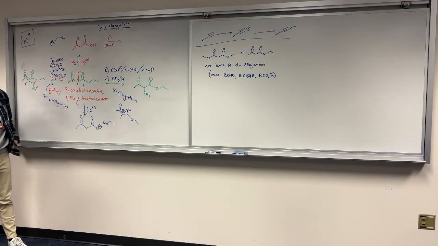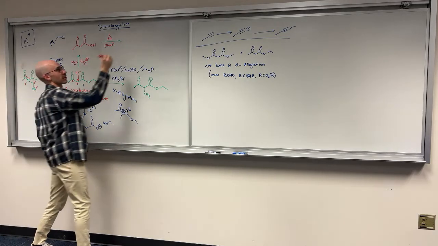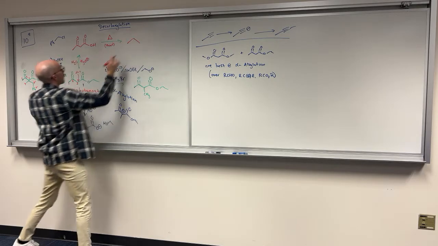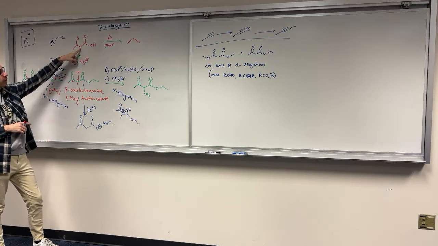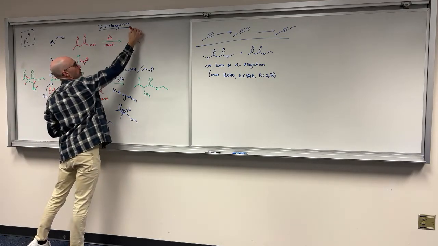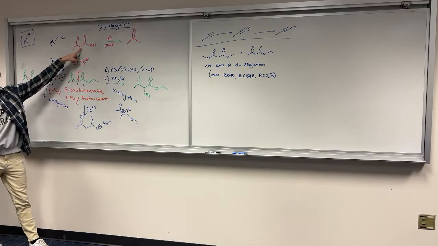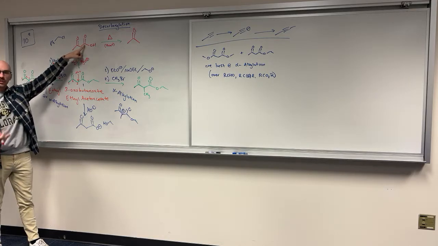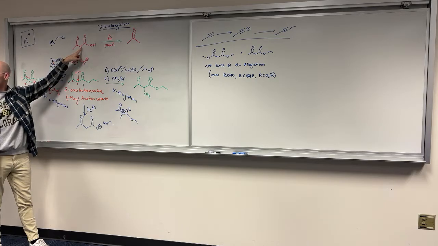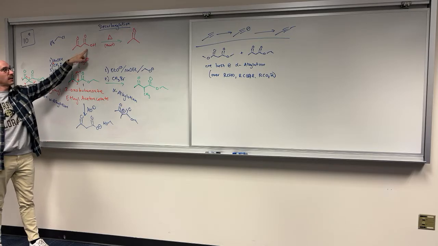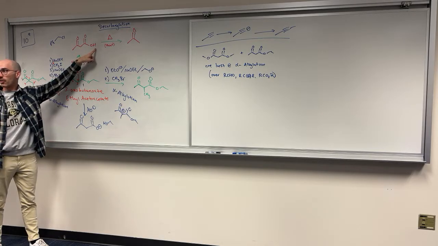If I cleave off a CO2, that means that I'll lose this carbon, but not the alpha carbon. If the alpha carbon loses the bond to the carboxylic acid carbon, it would go from CH2 to CH2 minus. Why would it want to sit without a full octet? And again, we were wondering, where does this hydrogen go?